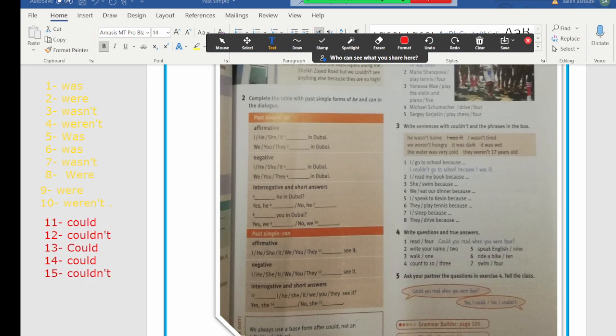Here is a box. Look out, note: we always use a base form after could, as we agreed, could followed by base form.